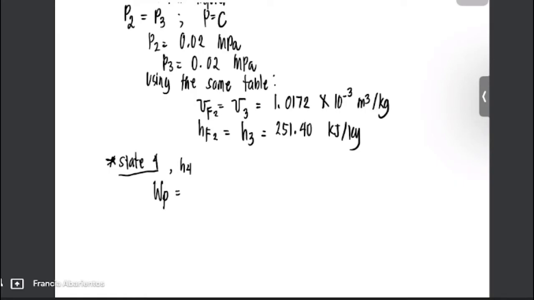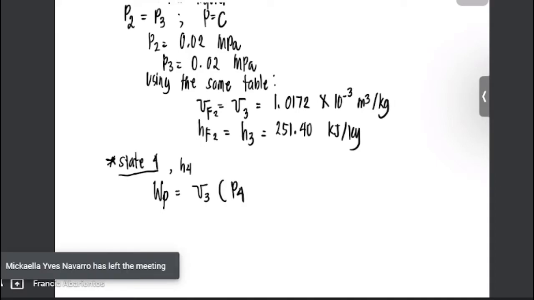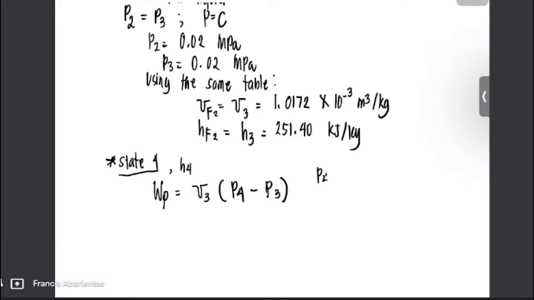We have the specific volume at 3 times pressure 4 minus pressure 3. Alam naman natin that pressure 4 is just equal to pressure 1 and pressure 3 is equal to pressure 2. Yung pressure at 1 natin, given sa problem, is 7 megapascal and this is 0.02 MPa. We need to compute first for the work of the pump. Specific volume. Yan, substitute mo lang.